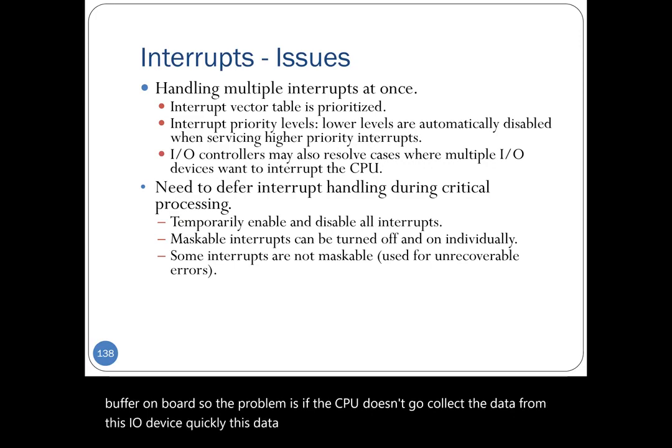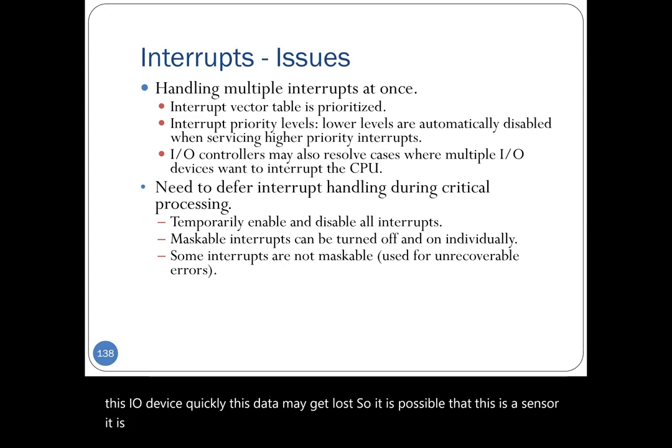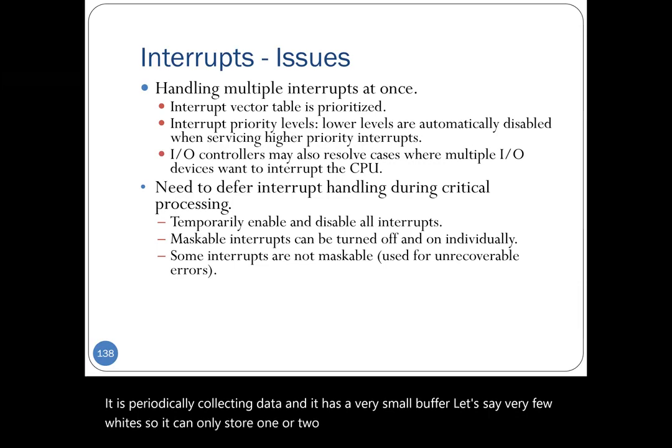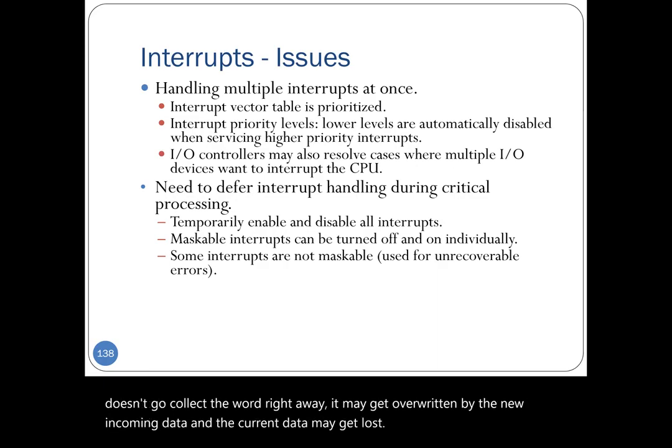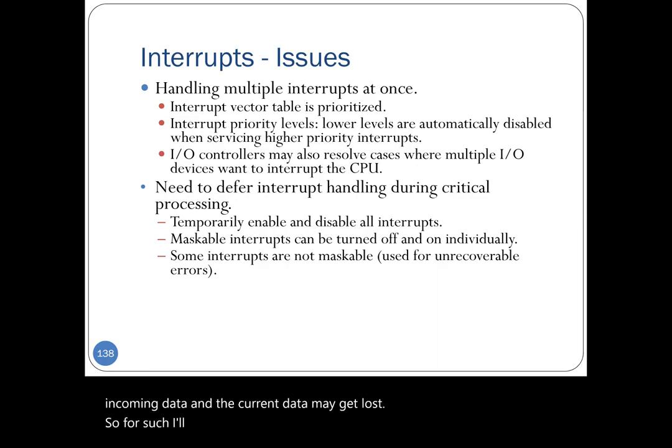It is possible that this is a sensor, periodically collecting data, with a very small buffer of very few bytes. It can only store one or two words. If the CPU doesn't collect the word right away, it may get overwritten by the new incoming data, and the current data may get lost. So for such IO devices, the interrupt service needs to be prioritized.